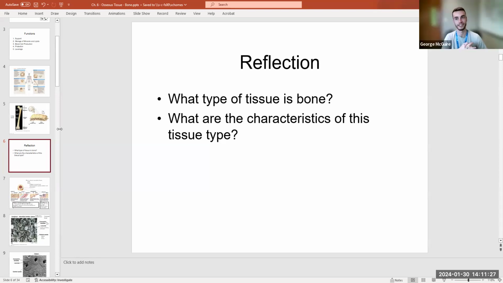Cool. A dense connective tissue. Awesome. And what are the characteristics of connective tissue? And what are some things that all connective tissue have in common? Or could anyone identify anything that you would expect to find in a connective tissue?